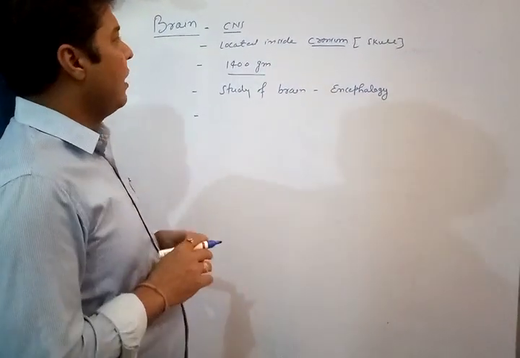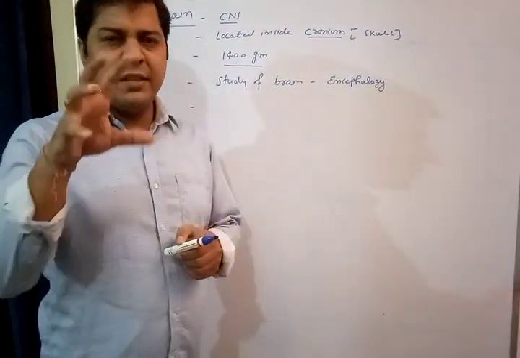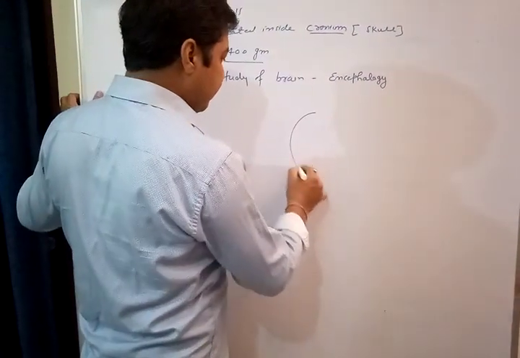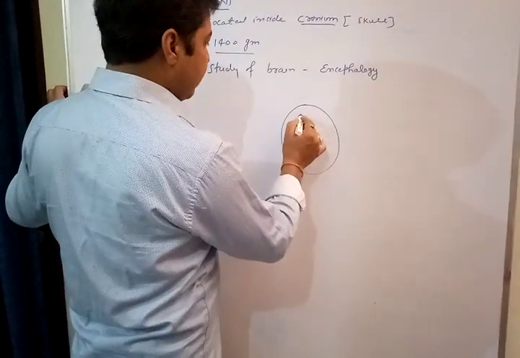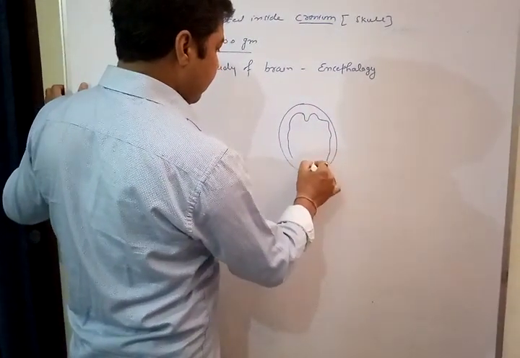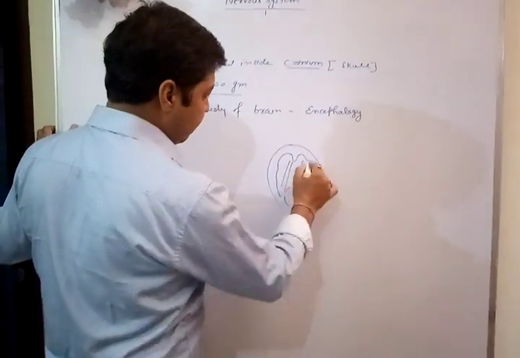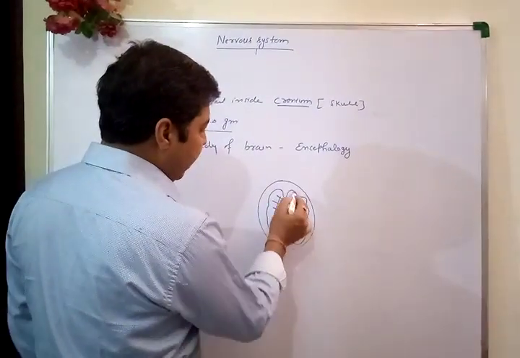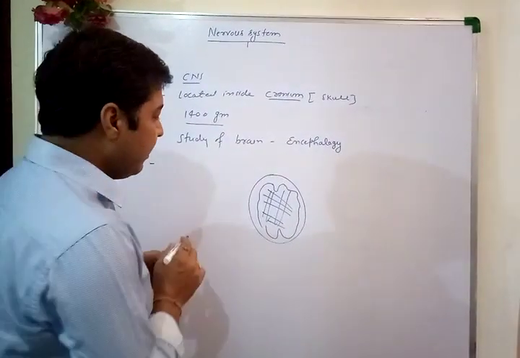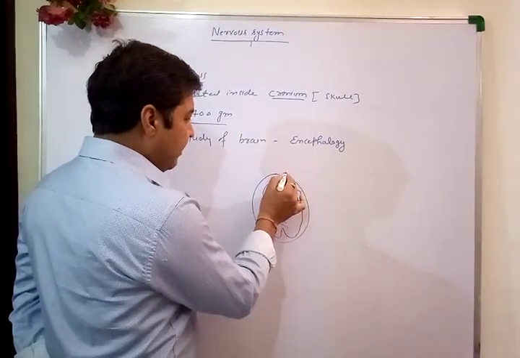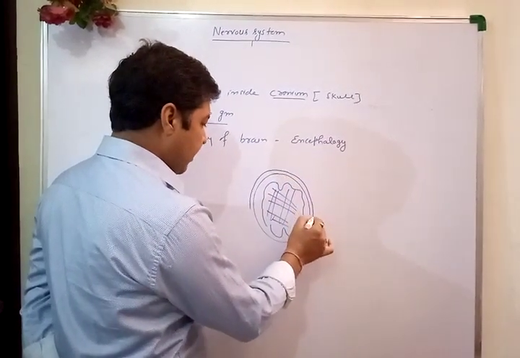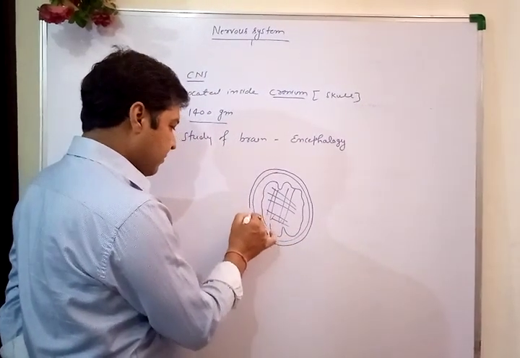This brain is a very sensitive organ, so the entire brain is covered. The brain is present inside the skull, and it is surrounded by 3 layers. This is very important.